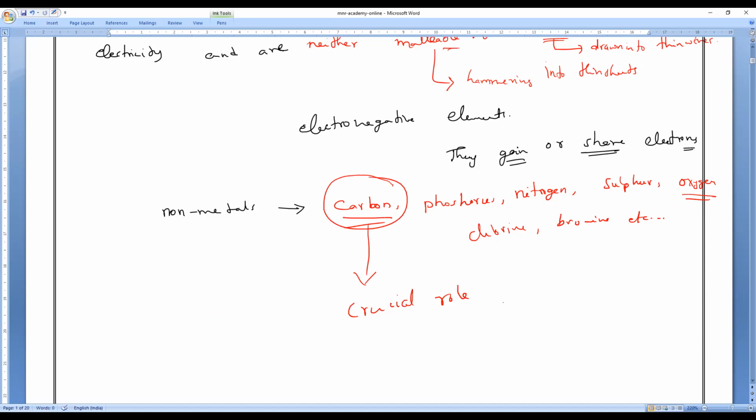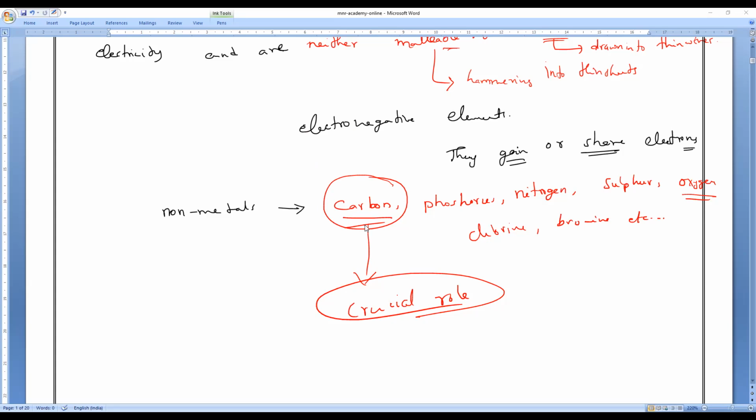Our flesh, our blood, everything is made up of carbon. Take proteins, carbohydrates, vitamins, enzymes, RNA, DNA, everything contains carbon. That is why carbon is the most important non-metal in our daily life.